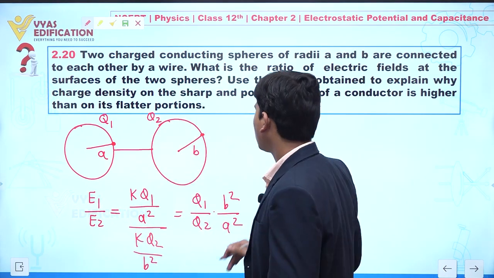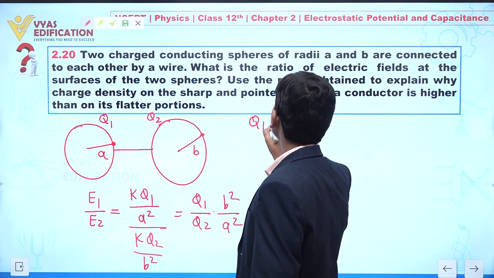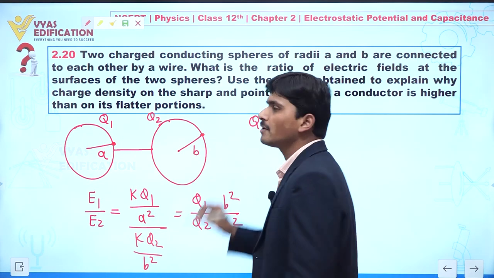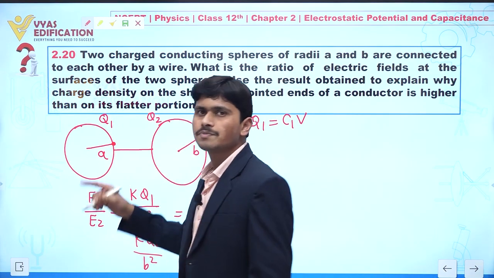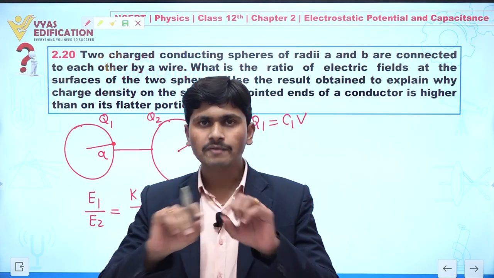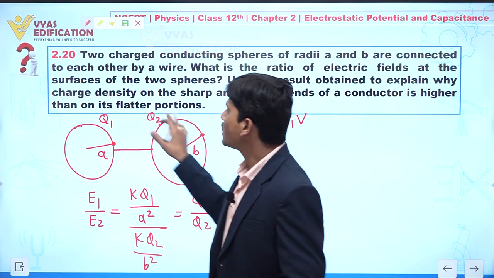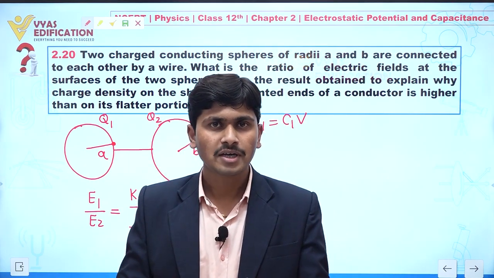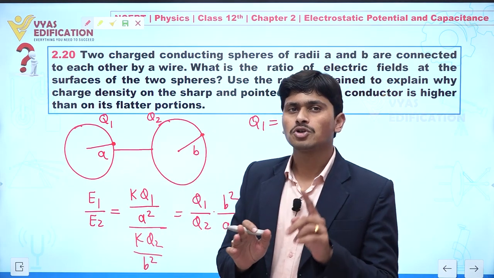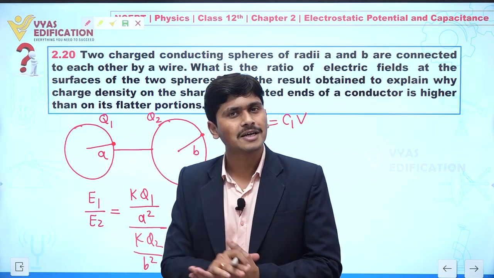Or you can also write charge Q1 as C1 multiplied by V. Why am I just writing V? Because when we connect the spheres with the wire, the potential on each sphere becomes the same. Charge flow stops when the potential on both spheres becomes the same.